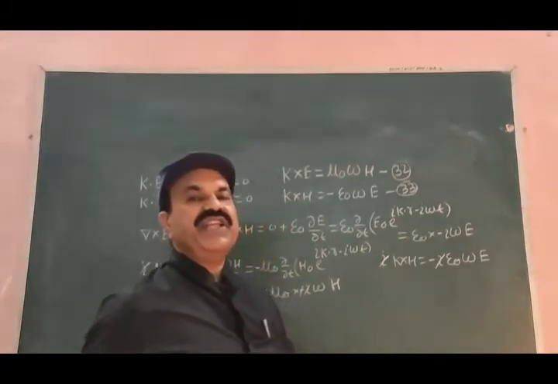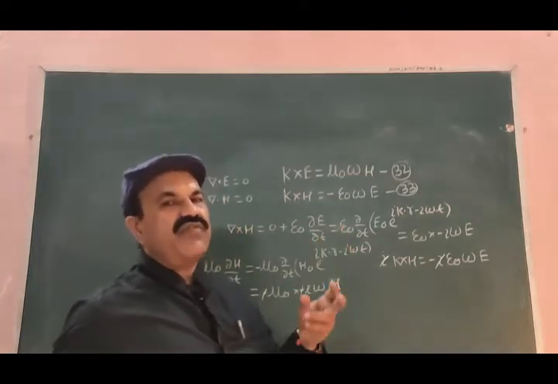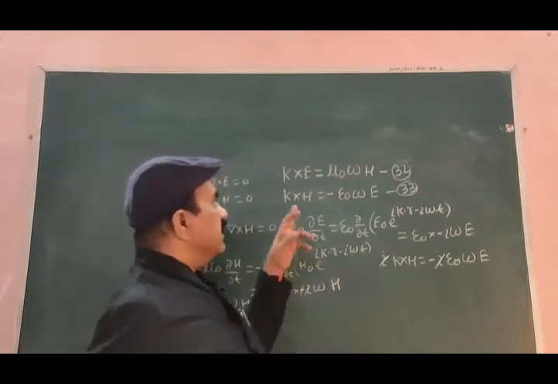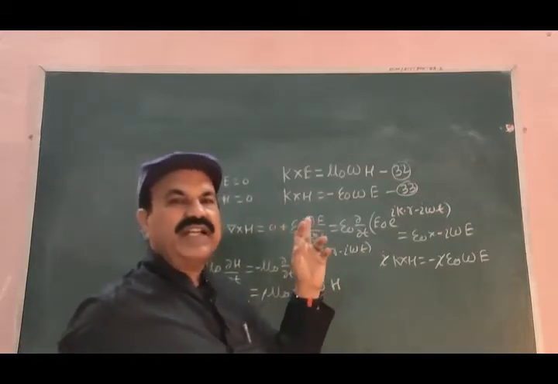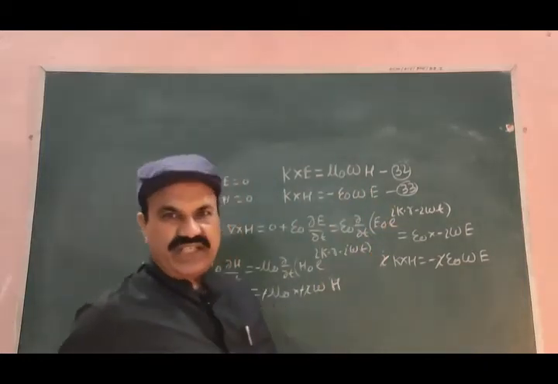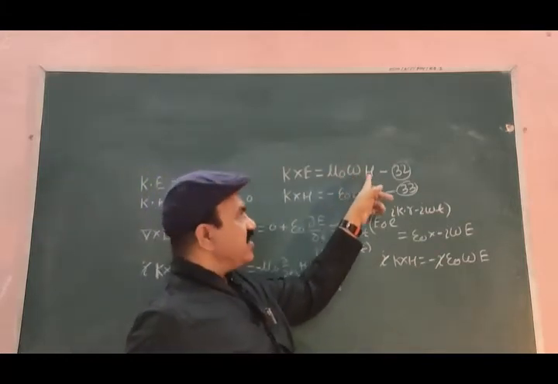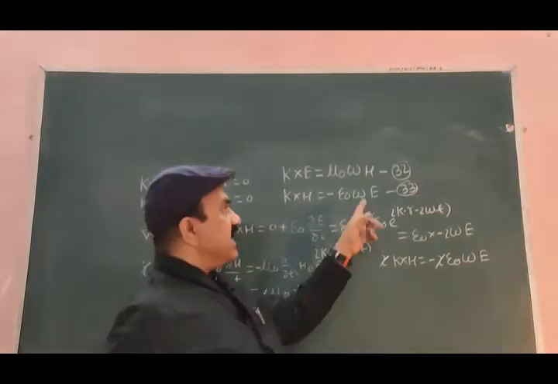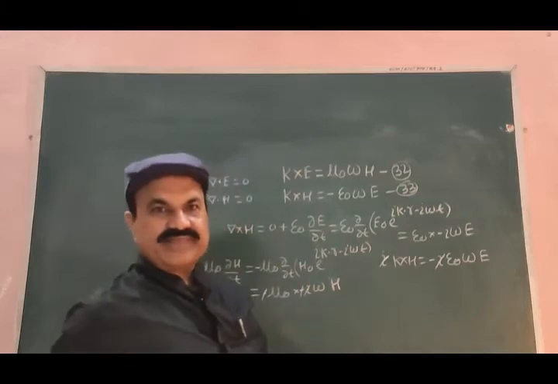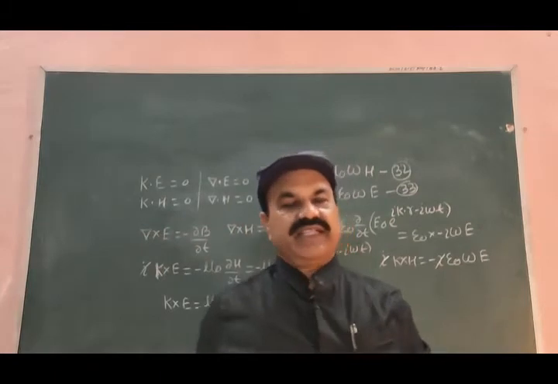After substituting the restrictions on the solutions of wave equations for electrical and magnetic component using Maxwell's third and fourth equation, we arrived at equation 32 and equation 33. K cross E, mu 0 omega is constant, is equal to H. It means that H is perpendicular to K and E. K and E, these two are coplanar vectors.